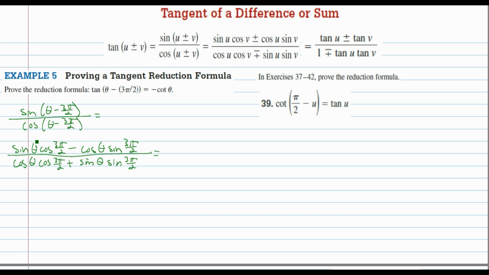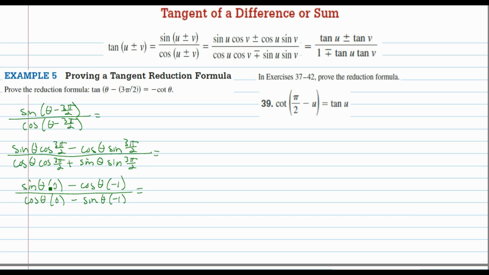I know, again from the unit circle, the cosine of 3 pi over 2 is 0, so in the numerator, sine of theta times 0 minus cosine of theta times sine of 3 pi over 2, which is negative 1, all over cosine of theta times the cosine of 3 pi over 2, which we just said was 0, plus the sine of theta times sine of 3 pi over 2, which, I just said again, was negative 1.